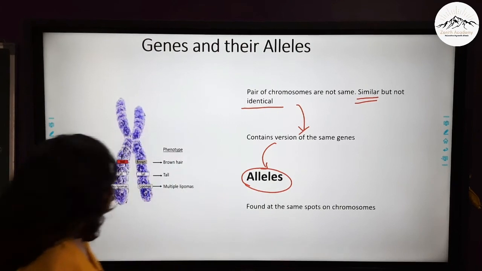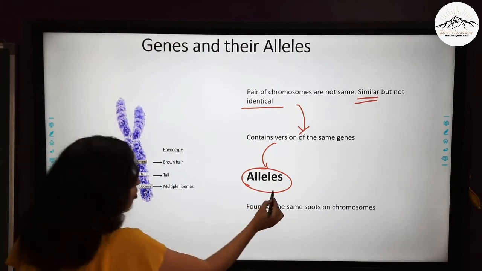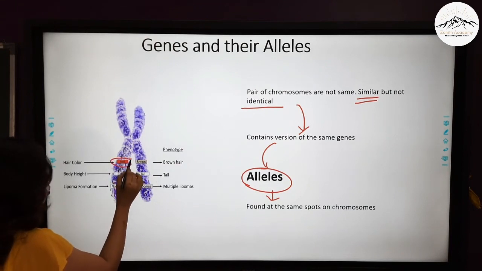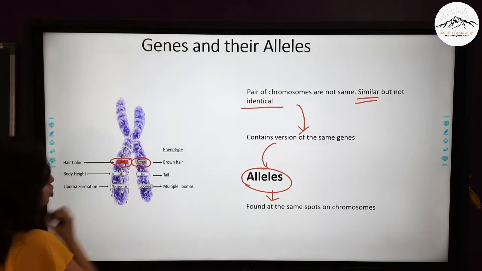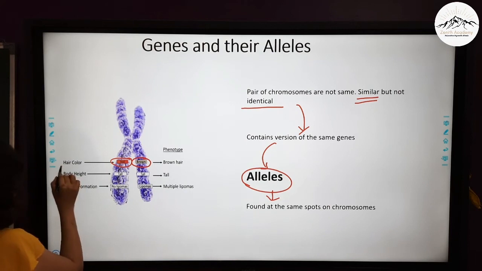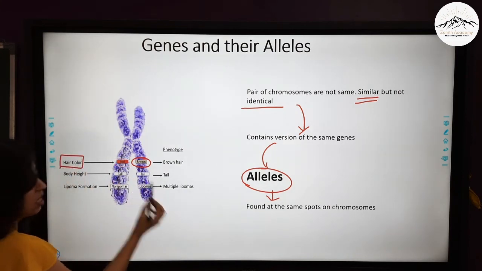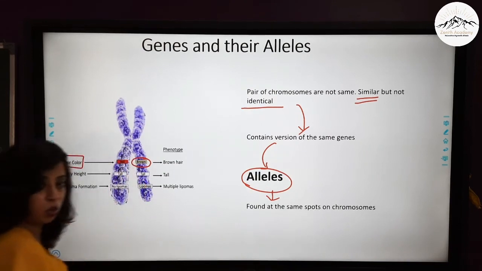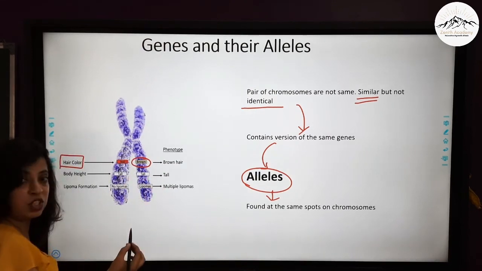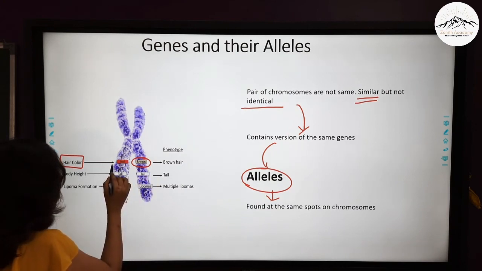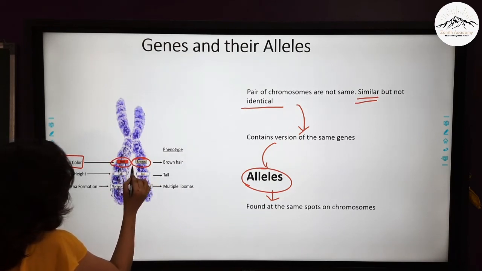So what are alleles? Alleles are found at the same spots on the chromosome. So if you see this same spot, this is an allele for which character? Hair color. These alleles are found at the same spots on the chromosome, at the same location, which is called loci. It is found in the same location, but these two are different.